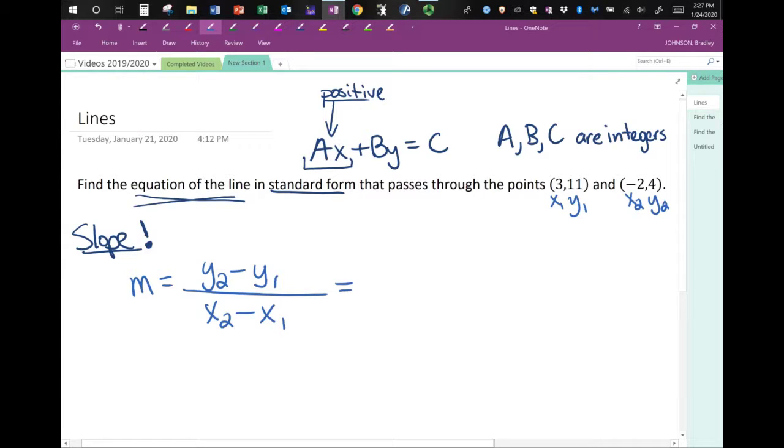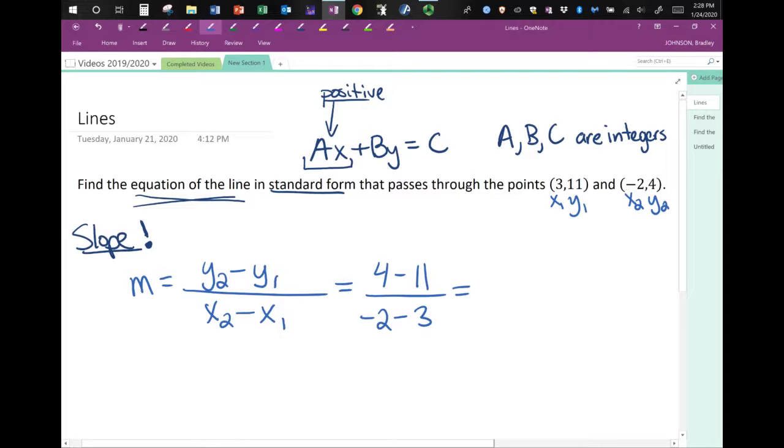Now let's plug in directly what these values are. y2, if we look at how we labeled it, is 4. Subtract y1, which is 11. Divide that entirely by x2, which is negative 2, minus x1, which is 3.